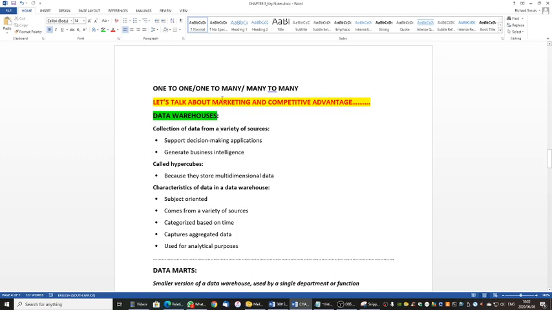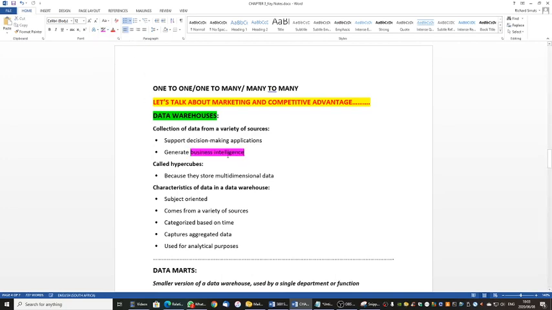In terms of marketing and competitive information, it supports decision-making applications. Somebody will write you an application that you can query: what are my sales targets for the day, what are my sales targets for the month, and it will help you make a decision there. And it will generate, and a really important term here is what we call business intelligence.